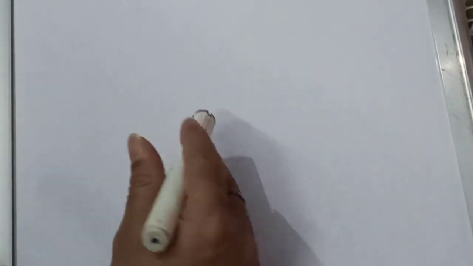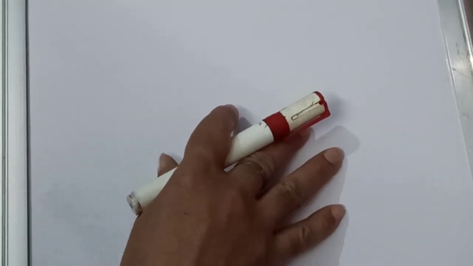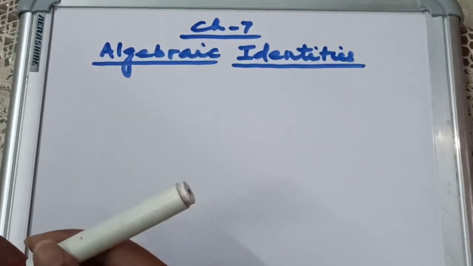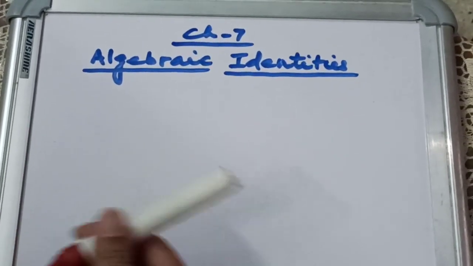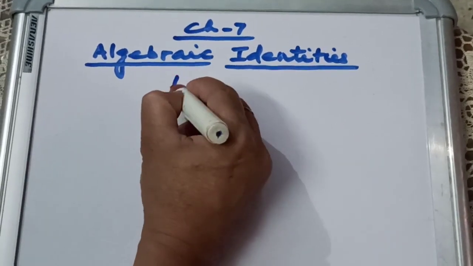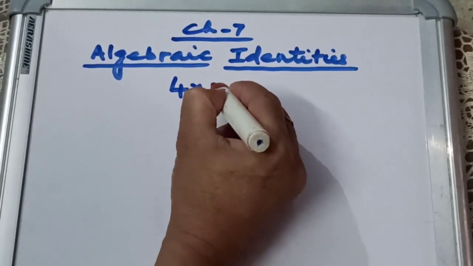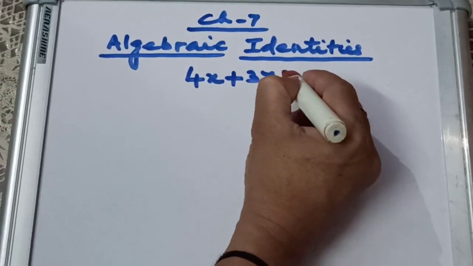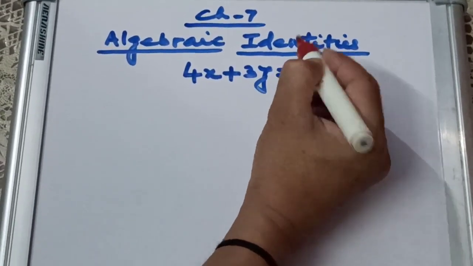Okay, now consider the following statement involving an algebraic expression. See here, 4x plus 3y is equal to 10.